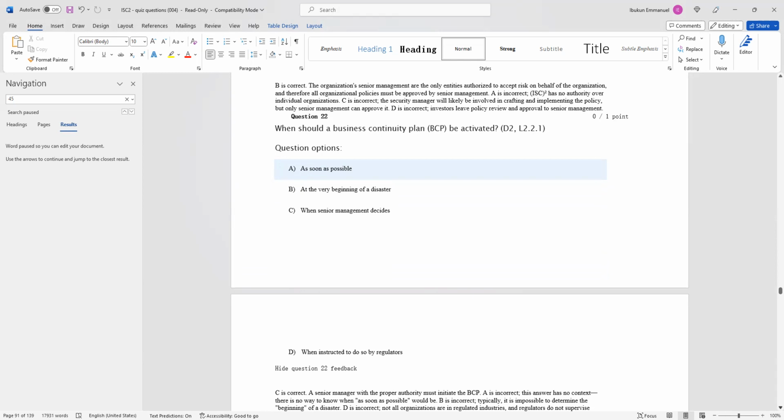And then the senior manager would give the instruction to invoke the business continuity plan, to activate the plan and to go out and carry out the plan. So it's when senior management actually says, yes, it's time to invoke this plan.